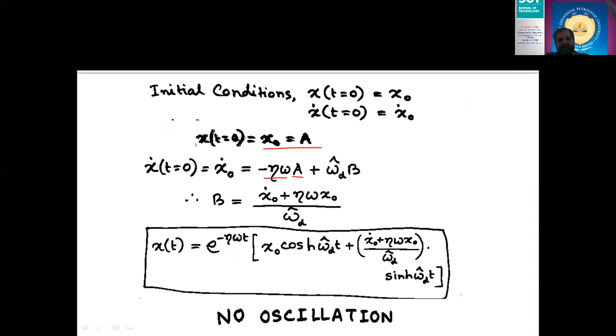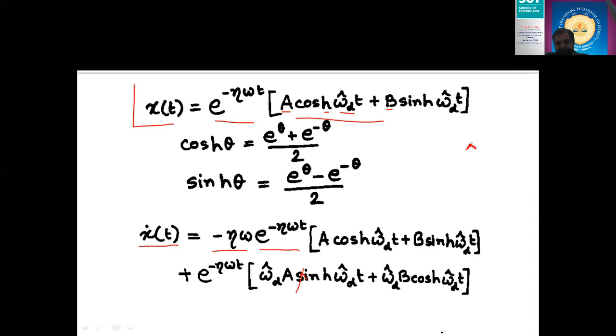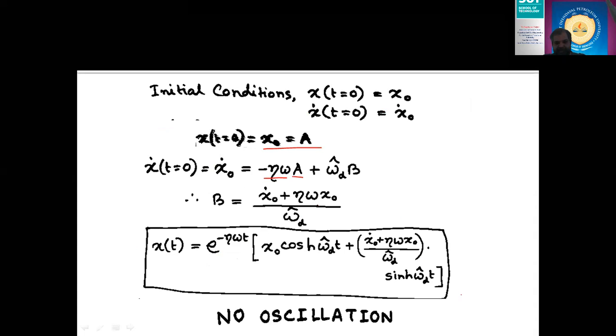So omega d into B, only this term will be there, because cosh 0 is 1. So omega d into B only. So find out the value of B here. Replace this A with x0, so the value of B will be x0 dot plus eta omega x0, divided by omega d cap.